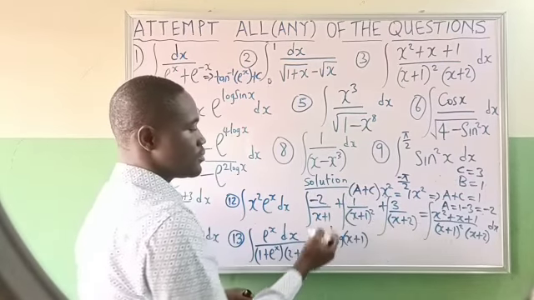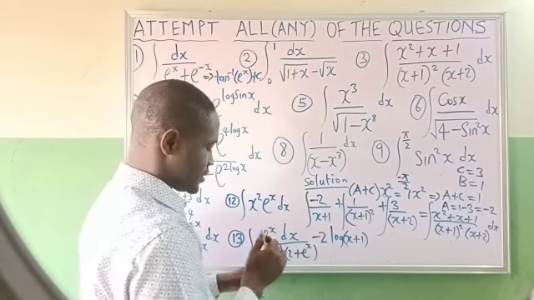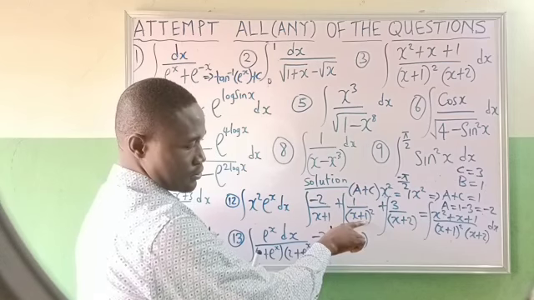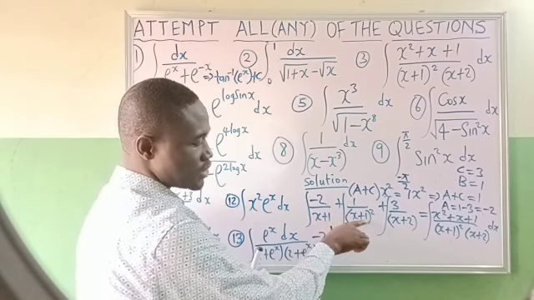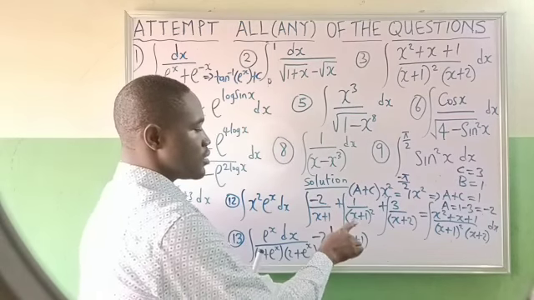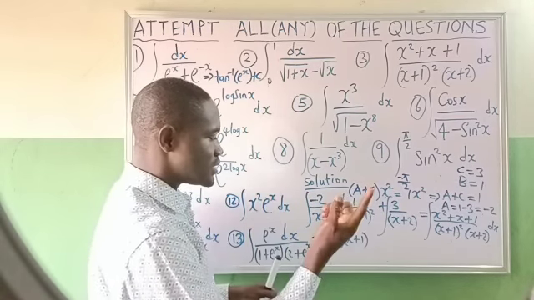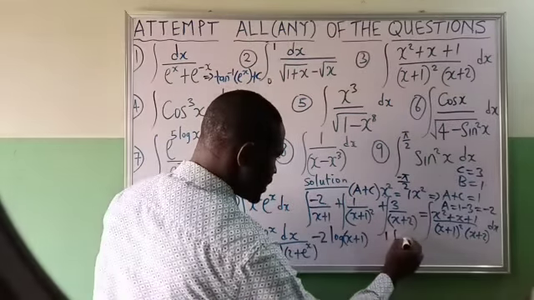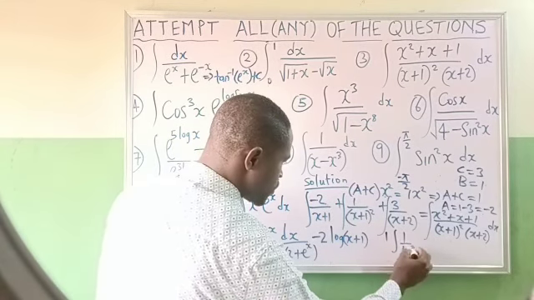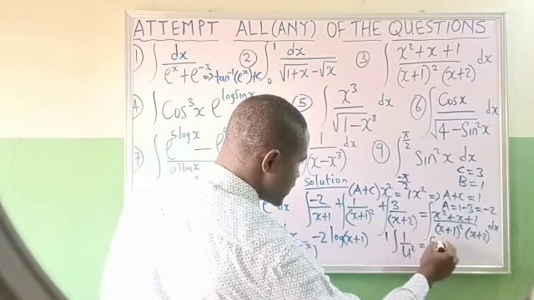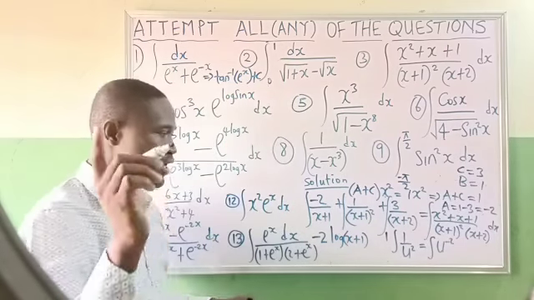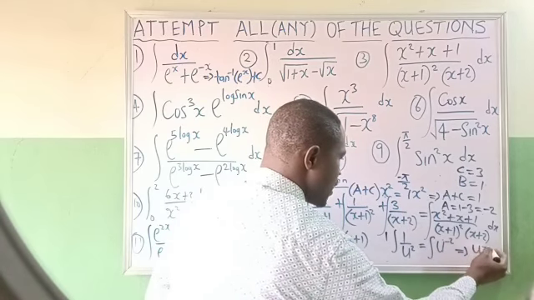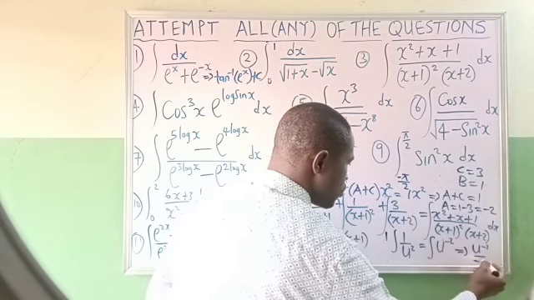Then for this one, to integrate this, if I differentiate what is inside, what will it give me? 1. Because differentiation of x is 1, differentiation of 1 is 0. Then that one I got, invert it, it still gives me 1. This means 1 integral 1 over u squared. And that means I'm integrating u raised to power minus 2 from law of indices. That means add 1 to the power, it will give me u raised to power minus 1 all over minus 1.